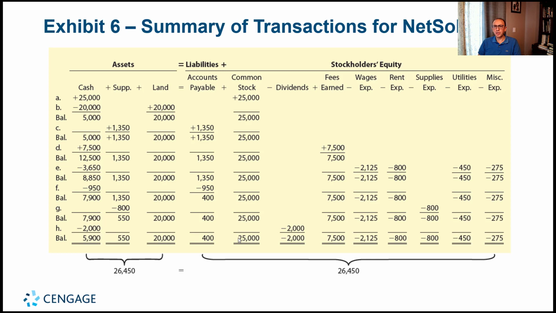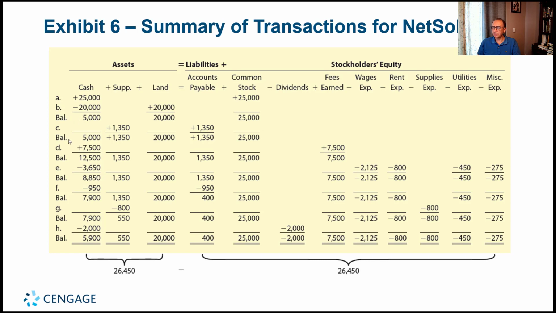So if we summarize this whole idea, you can see that we have assets equal liabilities plus stockholders' equity. That's our main accounting equation. Under assets, we had cash, supplies, and land. Under liabilities, we only had accounts payable. And under stockholders' equity, we had common stock, and all these other things that would impact the common stock. So we started in transaction A, and then transaction B, we got the balance.